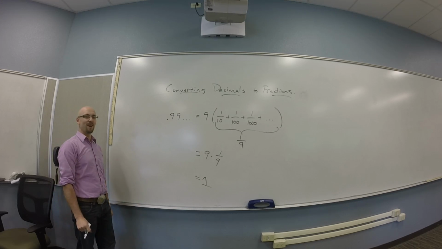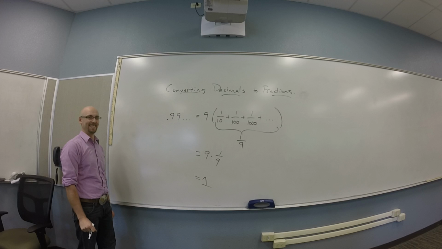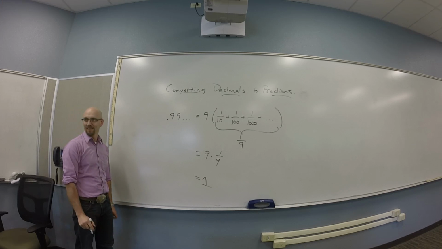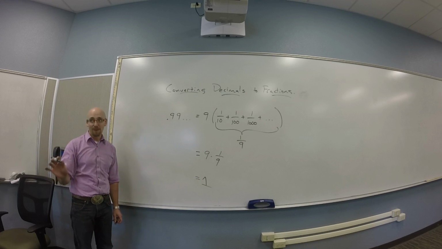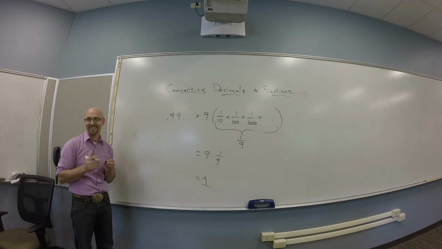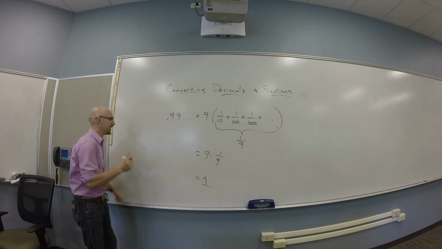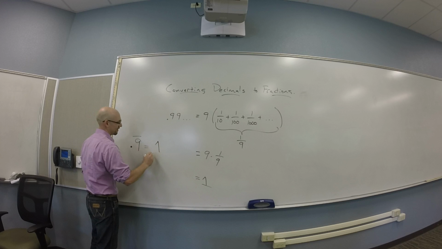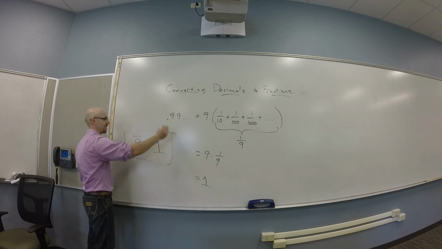This is kind of opposite your intuition, right? Because if you did 1 divided by 1, you still get 1. You don't get 0.99999, like if you divide in your calculator. But they're the same number. 0.9 repeating is actually the same number as 1.